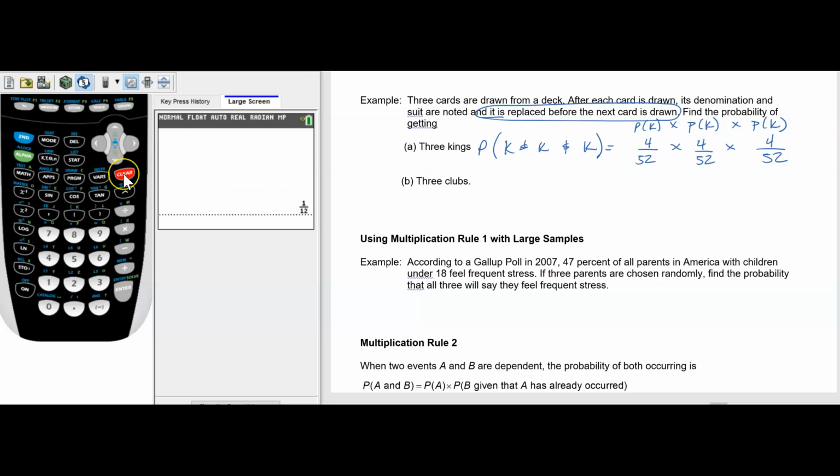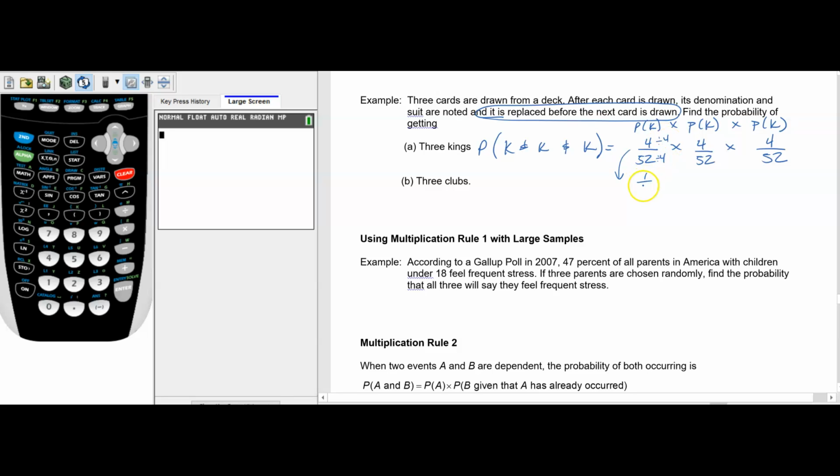Now for these, definitely you could use a calculator. You have a couple of options here. If you leave these as 4 out of 52 and multiply across, you're going to get a really big number. One thing you could do is reduce the fractions first. 4 out of 52, those are both divisible by 4.